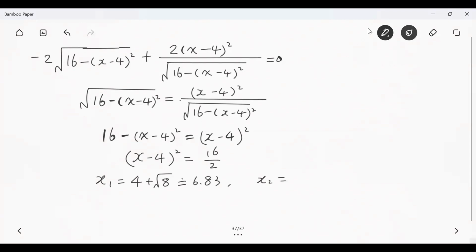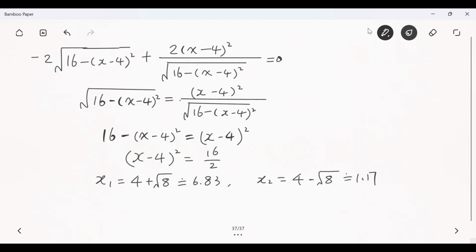x2 is 4 minus the square root of 8, about 1.17. Actually, for the point A, the x is 1.17, and B is 6.83.